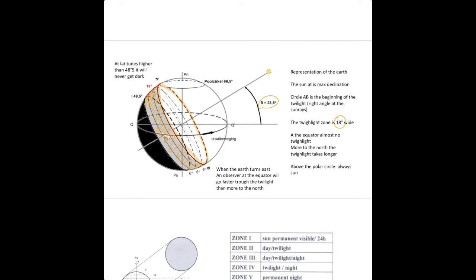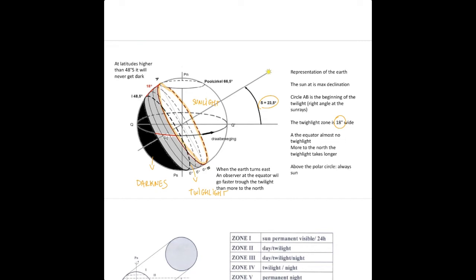All the rest here is darkness. So here you have sunlight. In this area, you have twilight, and then more to the south, you have a period of darkness. Now at the equator, there is almost no twilight.